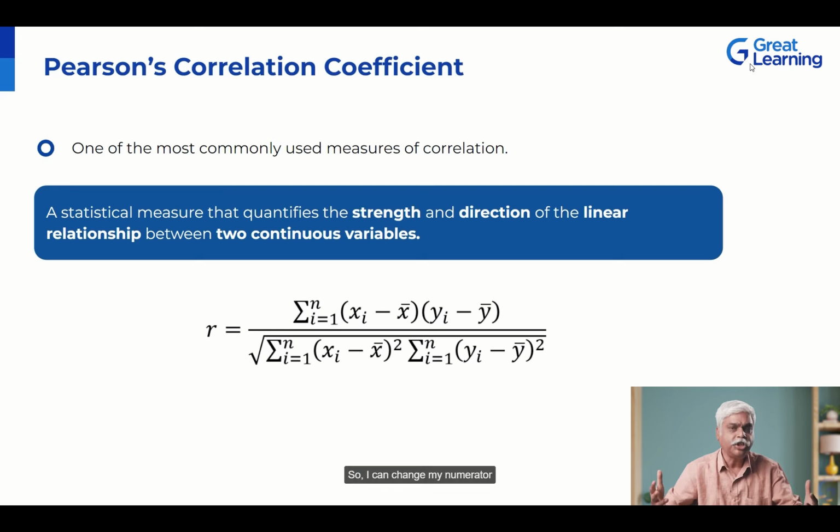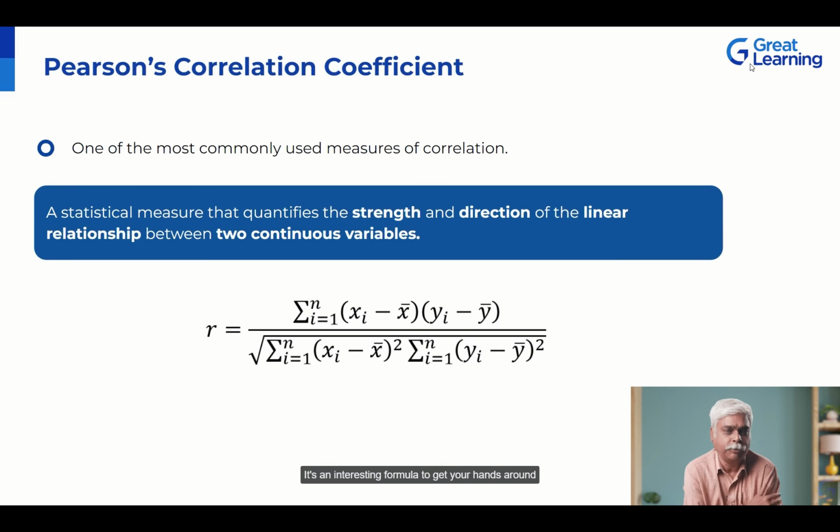So I can change my numerator to whatever value I choose by changing units. Not good. I can't interpret numbers that way. So when I change units, something in the denominator catches on to that, and the denominator also adjusts so that the number stays between -1 and 1. That's all I'm going to talk about here, but you're welcome to hack this formula.